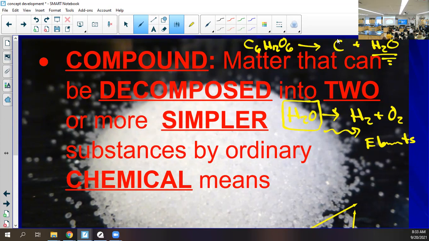So like when you put barbecue sauce on something, then you barbecue it and you come back and it has all that black stuff. That's the sugar breaking down and leaving carbon. The water was driven off as part of the smoke. Most of the smoke you see coming out of your grill is just water vapor. Anyway, so these things are things that can be broken down. So they would be called compounds.